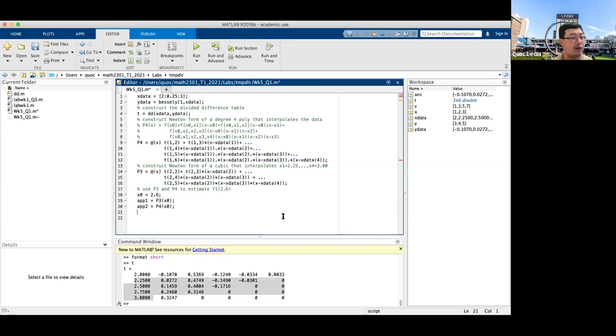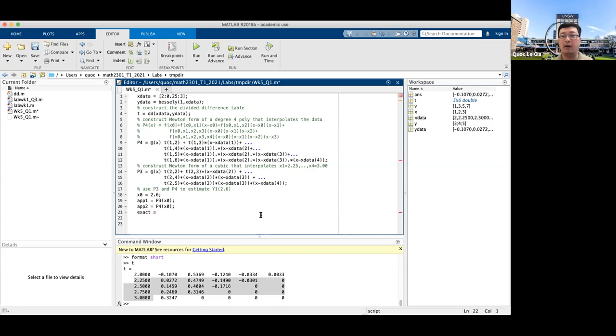But what is the exact value? I want to approximate this value, so what is the exact value?